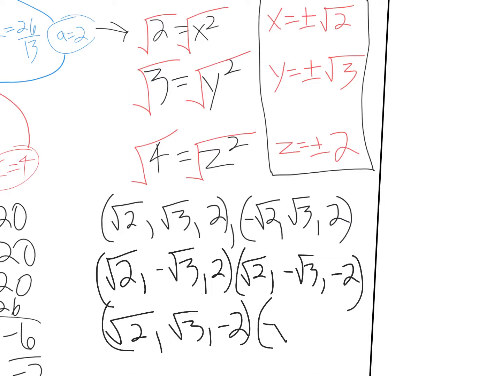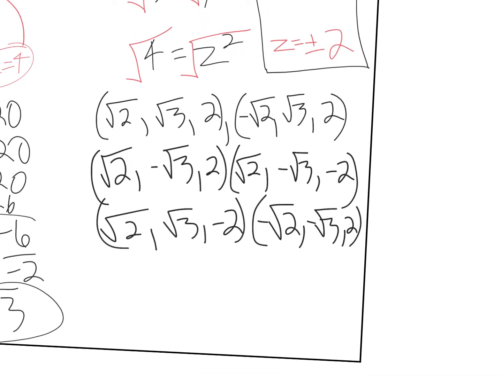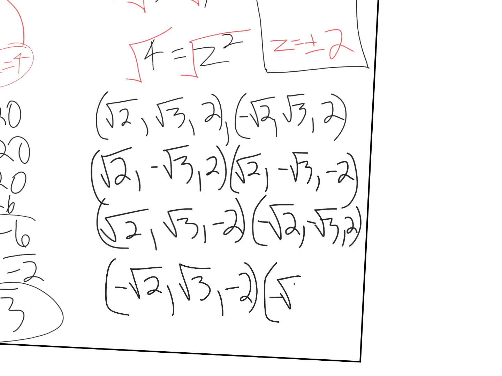So let's see here, we'll do negative square root of 2, negative square root 3, and positive 2. And then I could also do a negative square root of 2, positive square root of 3, negative 2, and then I think I have one more where they're all negative. Negative square root of 2, negative square root of 3, and negative 2.